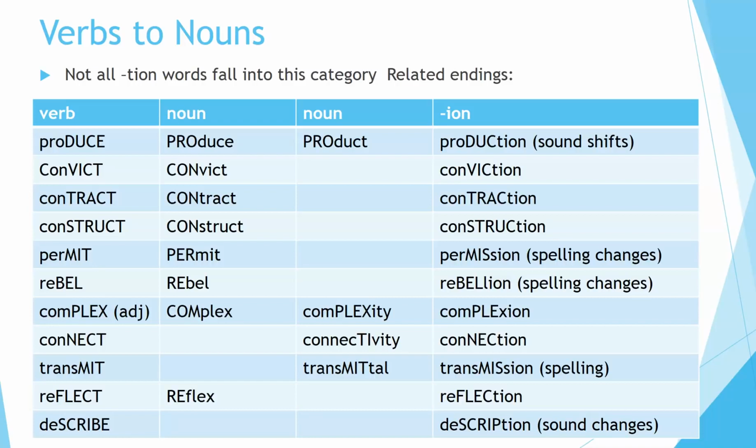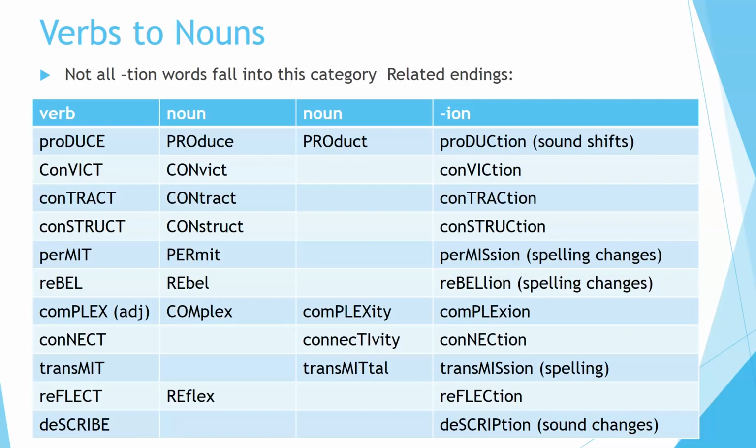We put it here to show you that the pattern is still the same. Now, because we don't have a verb form of this, we have a different noun form, complexity. And we have a different ending here as well, complexion. Notice the X-I-O-N.